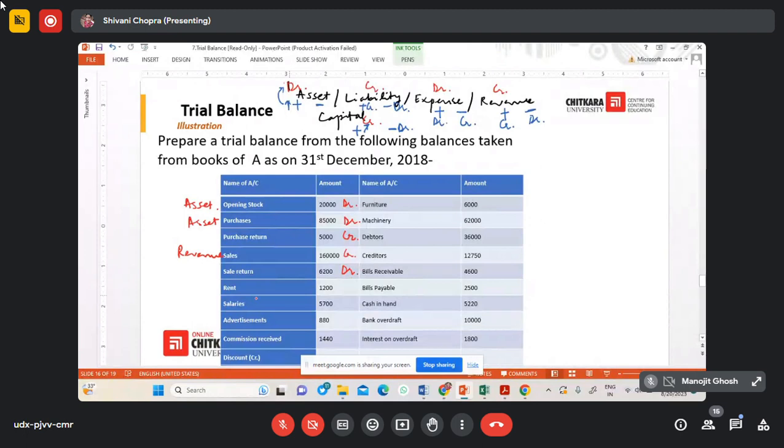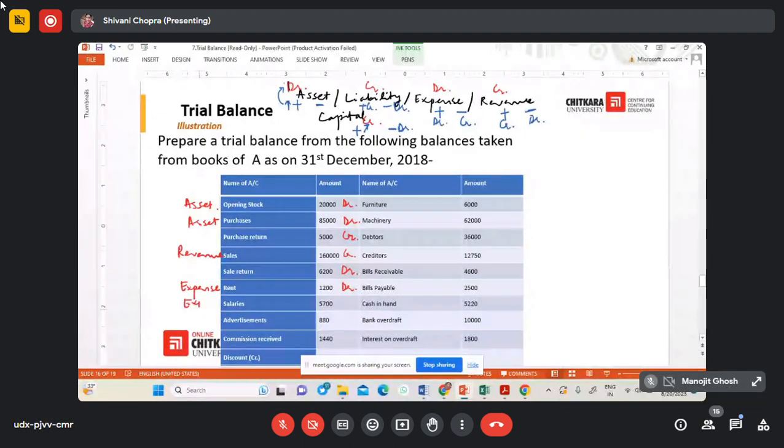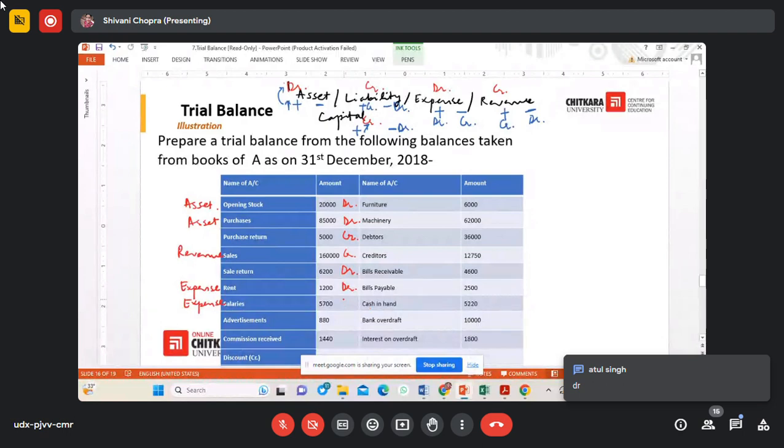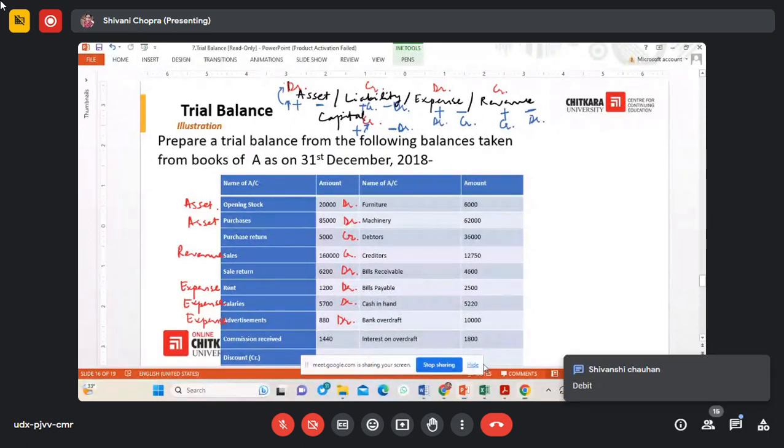Rent, what is rent? Rent is an expense. We will debit it. Salaries, again an expense. We will debit this. Advertisements, expense. What will we do? We will debit it. So online commission received.